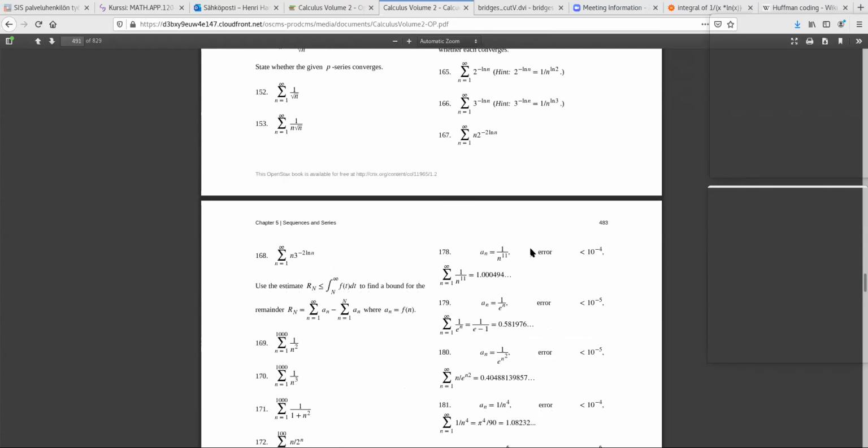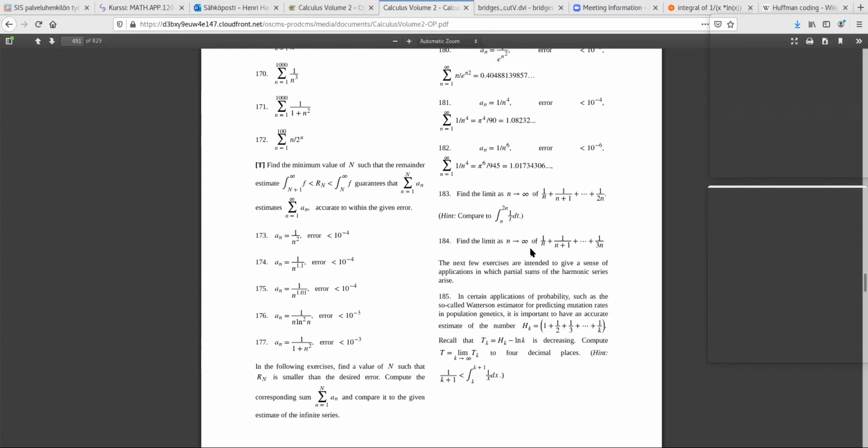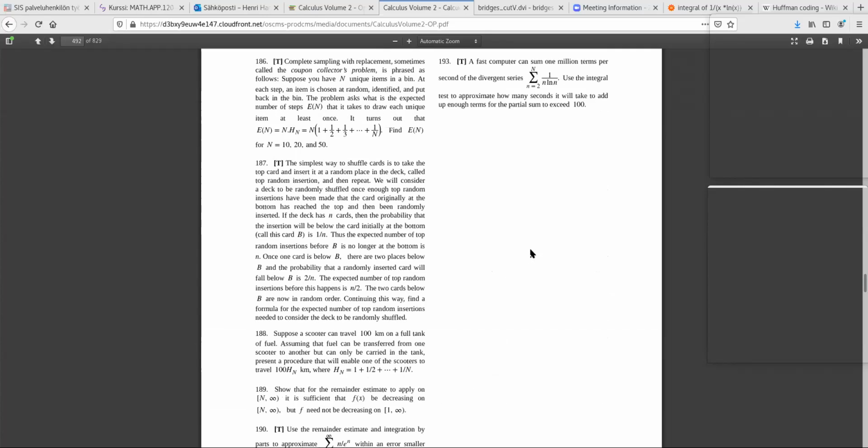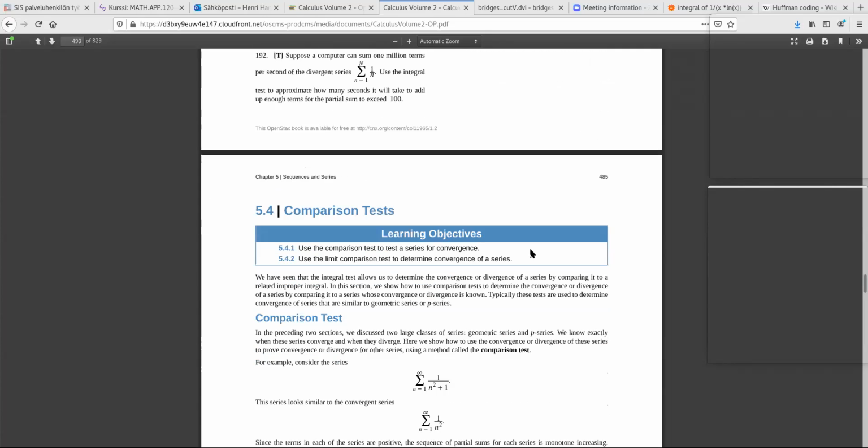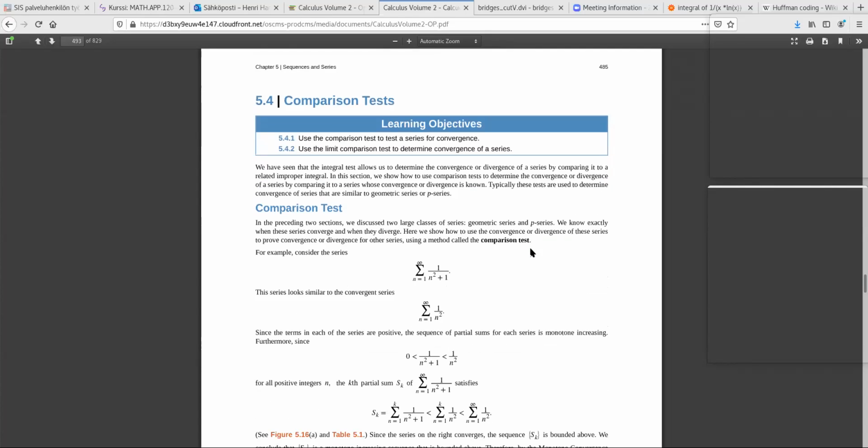Okay, so that gives us ways of checking whether a series converges: the integral test and then the convergence test. The integral test is pretty powerful.